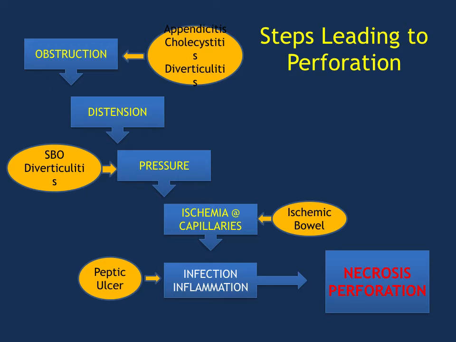This eventually leads to worsening of infection and necrosis and eventually perforation. In small bowel obstruction and in many cases of diverticulitis, the ischemia actually occurs related to a focal pressure from an adhesive band or a fecalith, and this leads to infection, necrosis, and perforation.